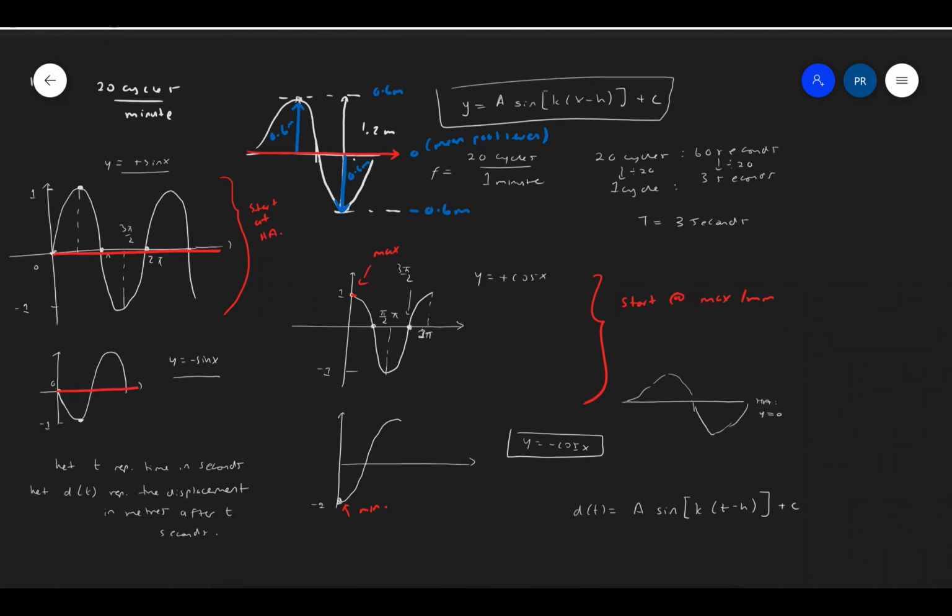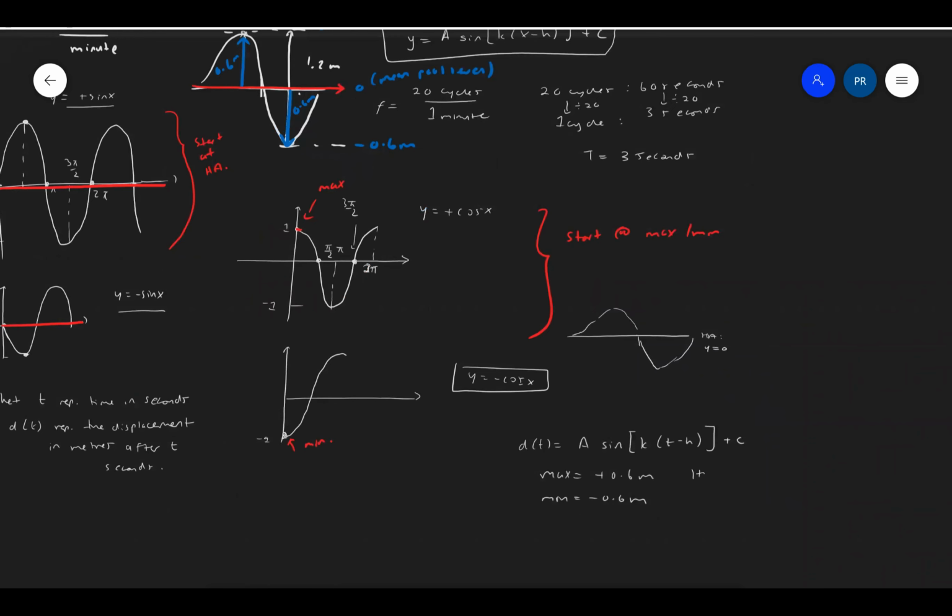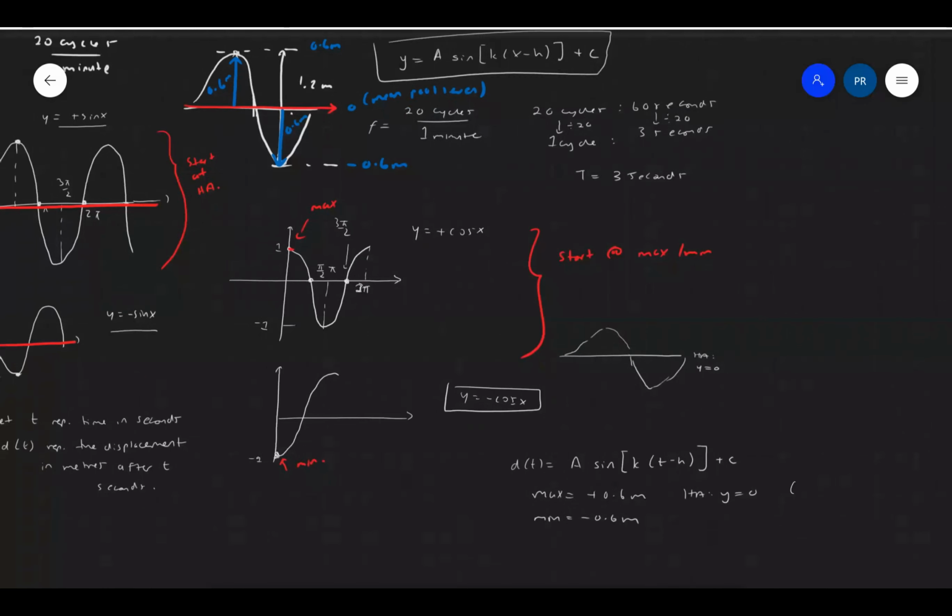Having said that, just by generating this graph, we can determine that our maximum is positive 0.6 meters, and our minimum is negative 0.6 meters. Because our horizontal axis is y equals 0, that's our mean pool level, so c is basically 0. Now that you have a maximum and minimum, just from the graph you can tell that your amplitude is 0.6 meters.